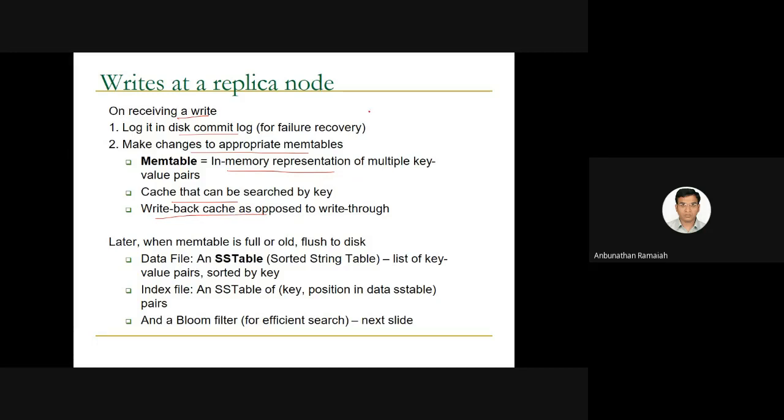So we have memtables and then the SS table also. What is an SS table? A data file, a sorted string table, a list of key value pairs sorted by key. Then there is an index file, the SS table index of key and position, and a Bloom filter. We'll understand what the Bloom filter is.